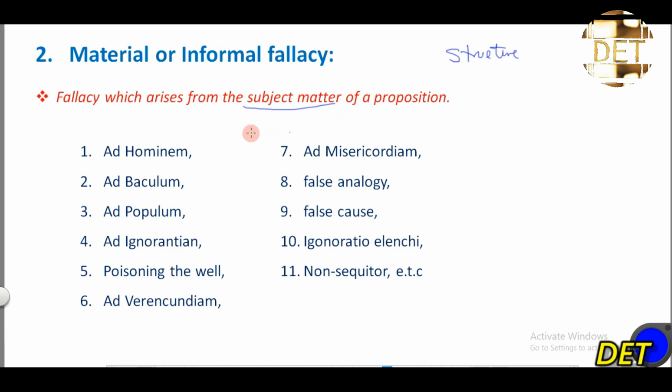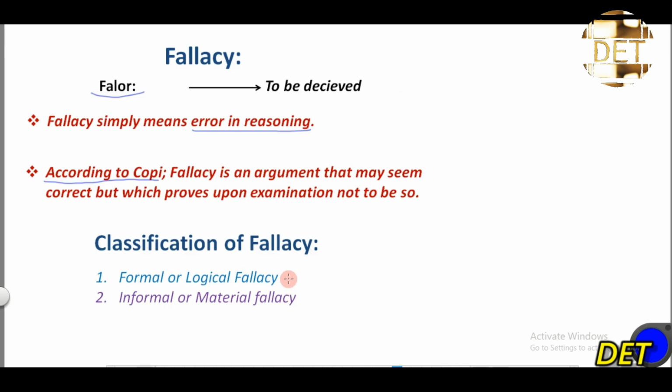So know the difference between material fallacy and formal fallacy. Formal fallacy results from the structure of a proposition, while the informal or material fallacy results from the subject matter of a proposition.